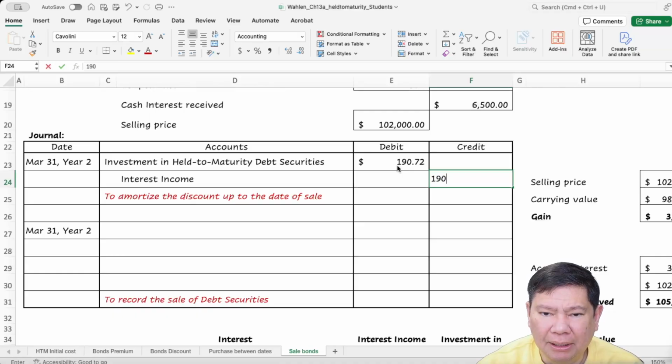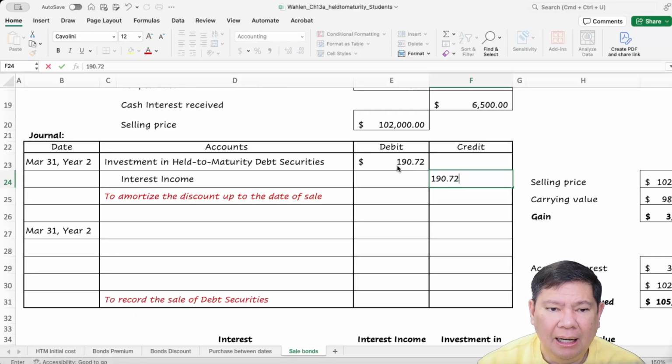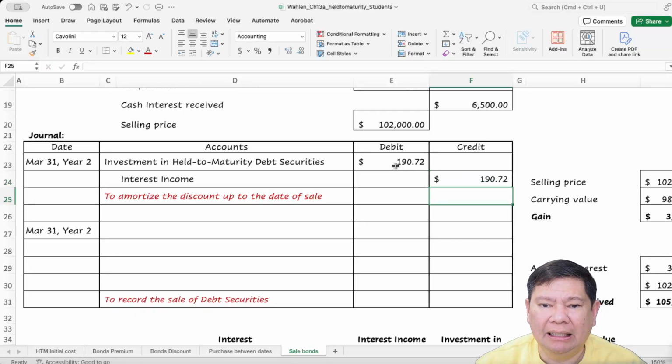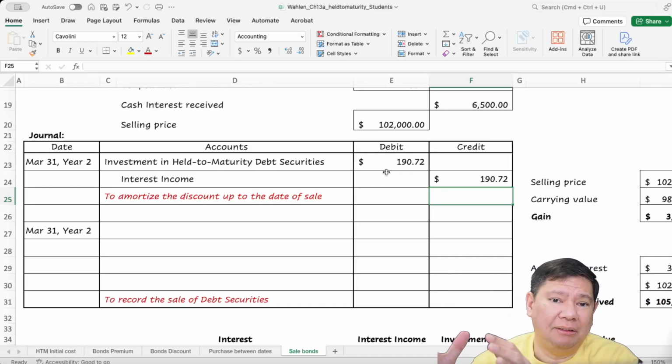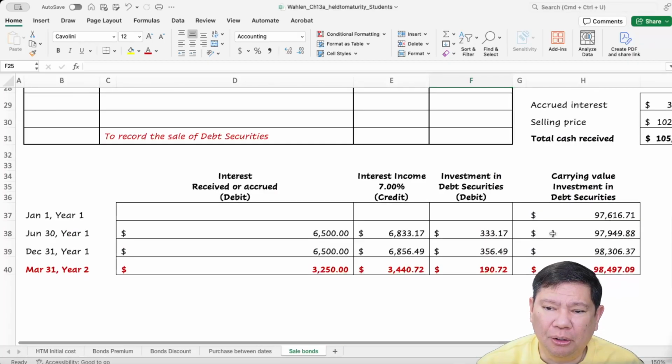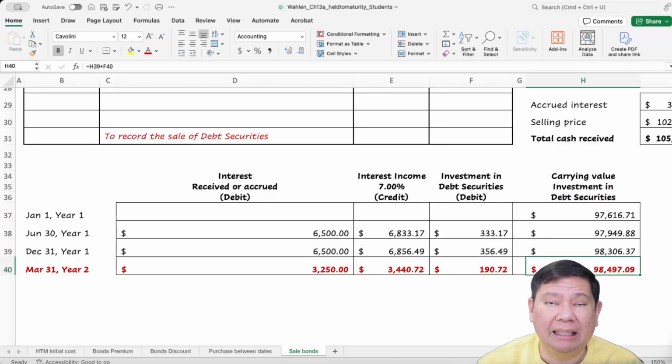Okay, that's our interest income, 190.72. Now, after this journal entry, our investment is showing that amount, 98,497.09.